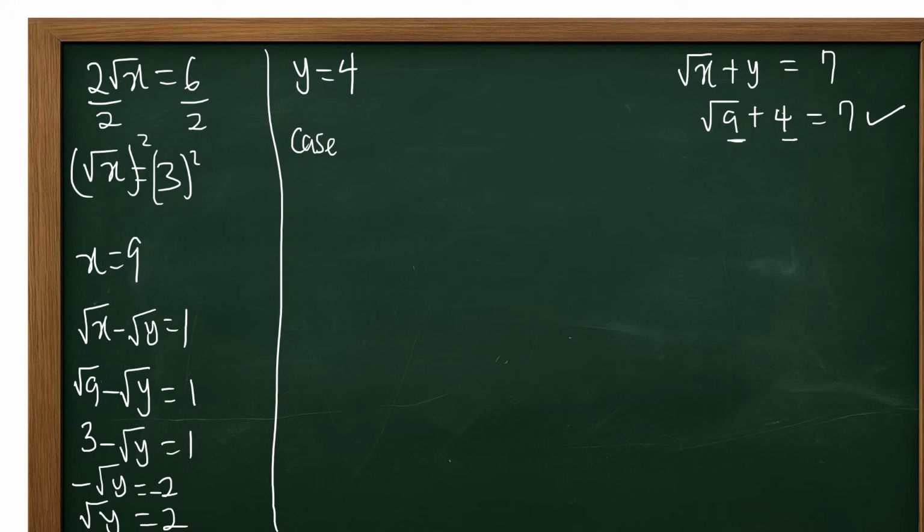Case number 2, we have 4 times 1. Let's confirm case number 2. If case number 2 is also valid, we have the square root of x minus square root of y to be 4.